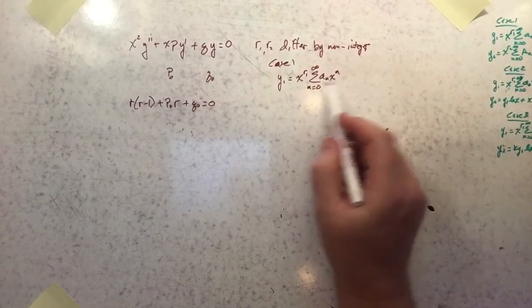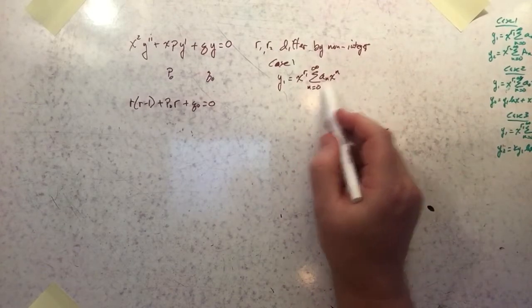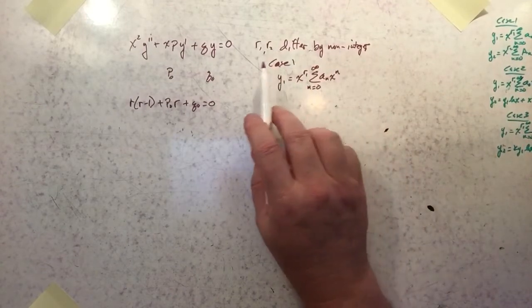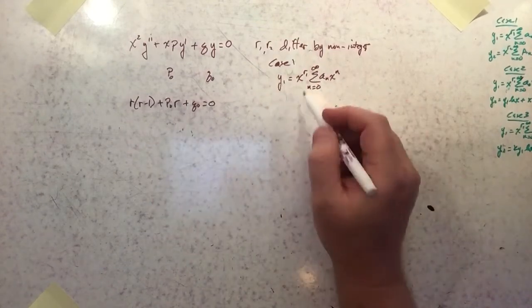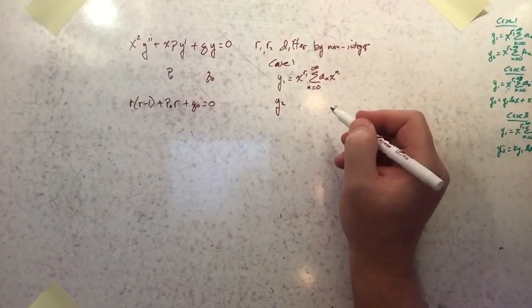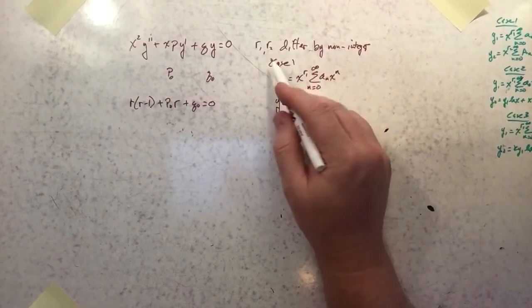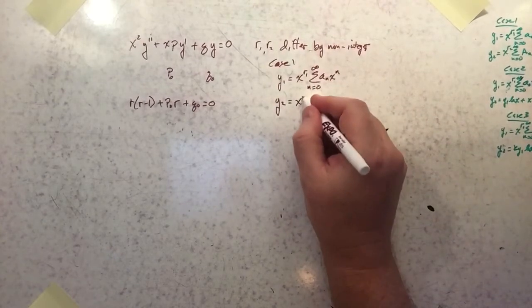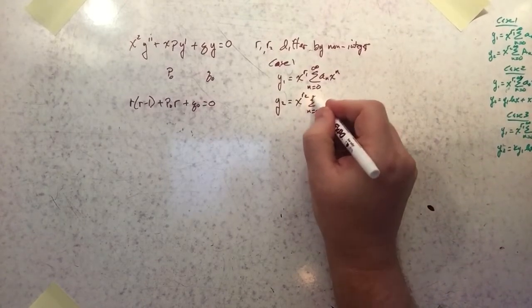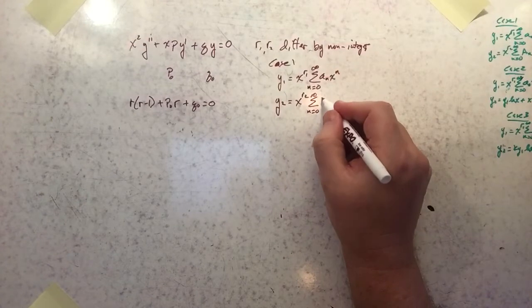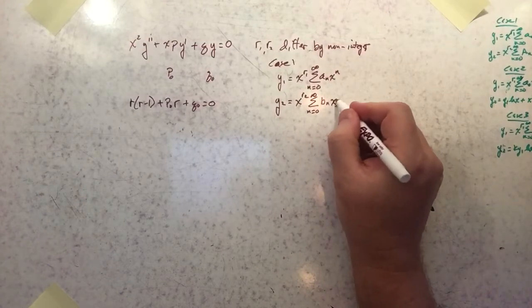So in essence, you'll be subbing in x to the n plus whatever r1 is, the first root of the indicial equation, and then you'll try for your second solution just the second root. So it will be x to the r2, and then that's going to be summation n equals 0 to infinity of bn x to the n.